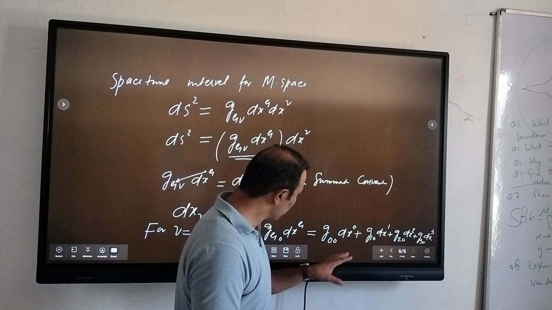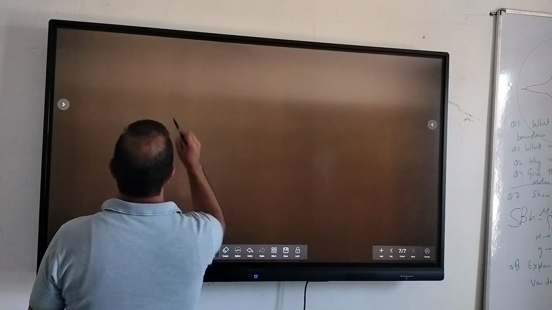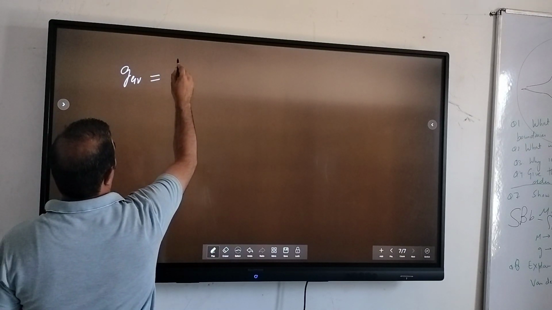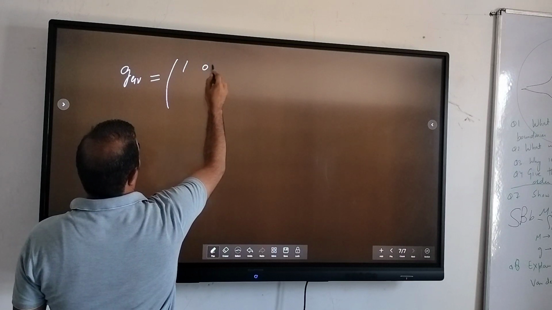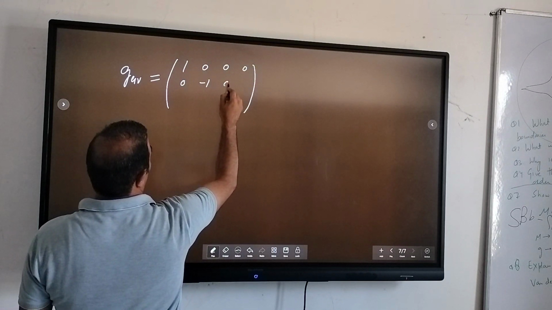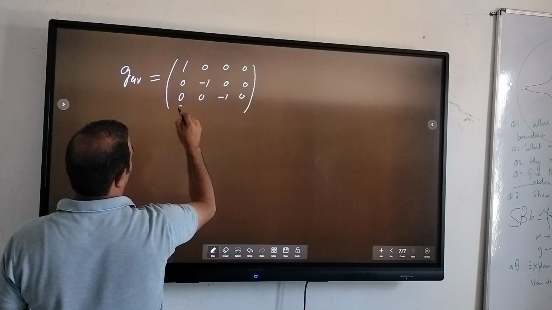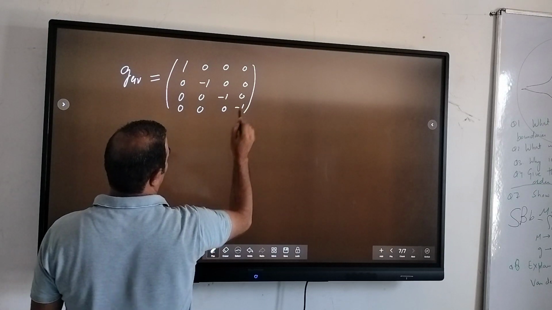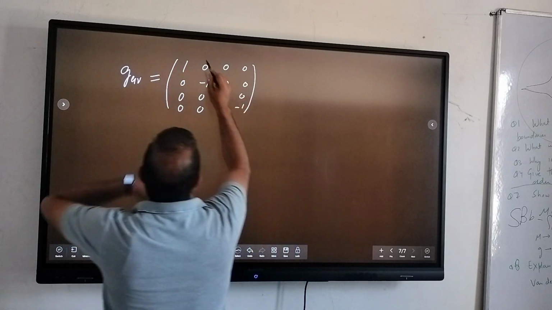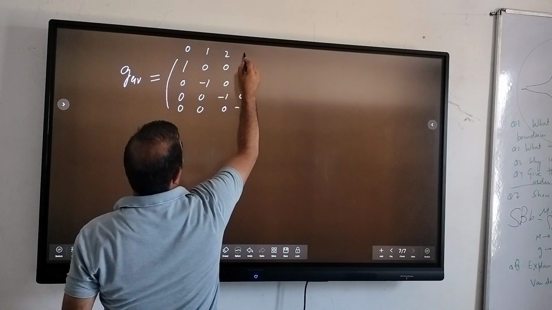Now from this matrix, what's our g_mu nu? Our g_00 is the first component, with indices 0, 1, 2, and 3, right?